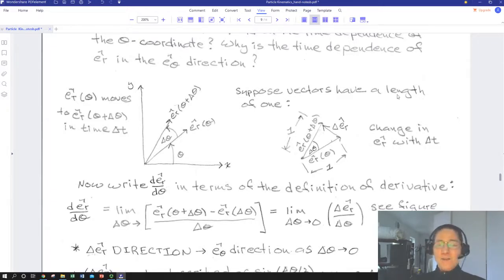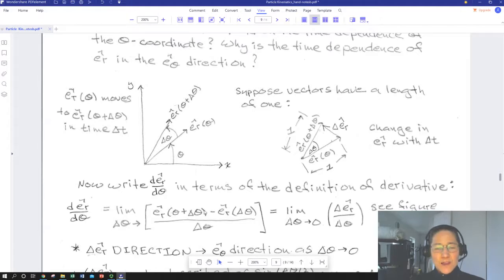So if I was going to take the limit of this delta going to 0, I get a d er hat d theta, as the deltas shrink to d's. I would be looking at the limit as this delta theta goes to 0 of that vector minus that vector divided by delta theta.